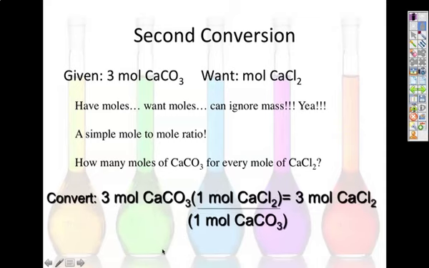And this time, if I look at my coefficients, I have 1 mole of CaCl2 for every 1 mole of calcium carbonate. 3 times 1 divided by 1 is 3. So this is saying when I have 3 moles of calcium carbonate in the lab and I want to react, I will theoretically get 3 moles of calcium chloride out.